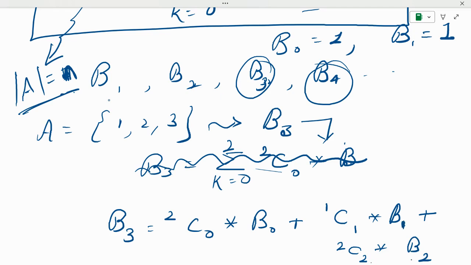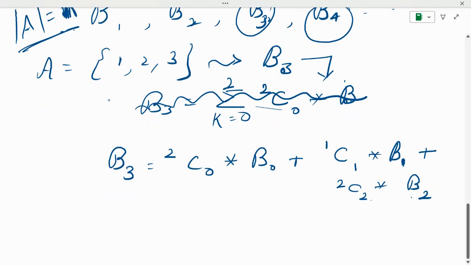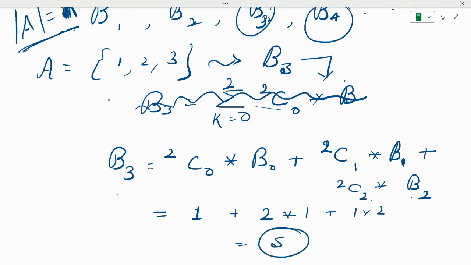So 2C0 is 1, plus 2 into 1, plus 1 into 2, and that equals 5. So we calculate B3 as 5, and the total number of equivalence relations on A is 5.